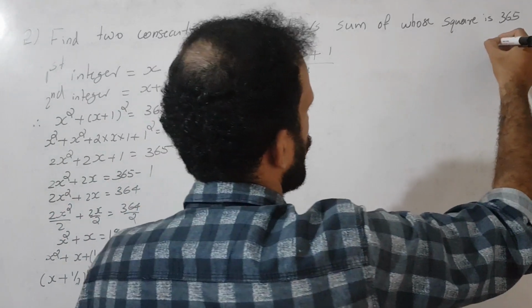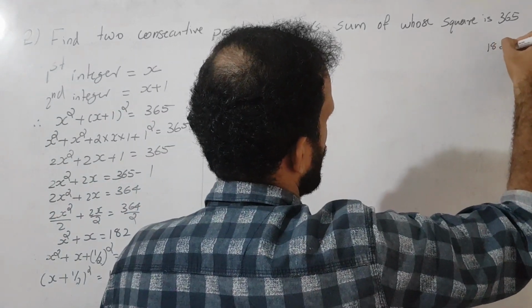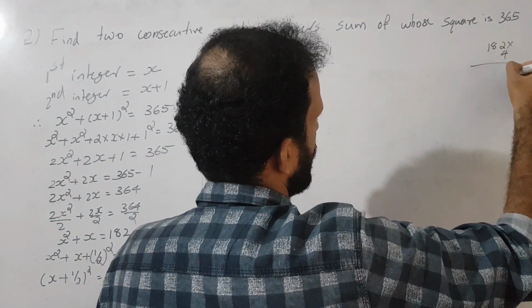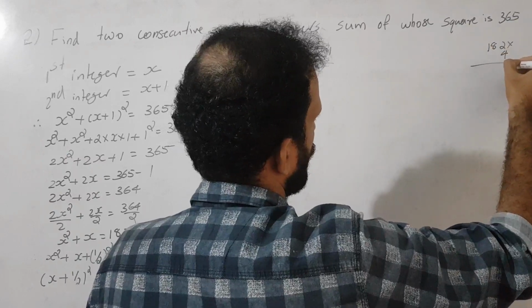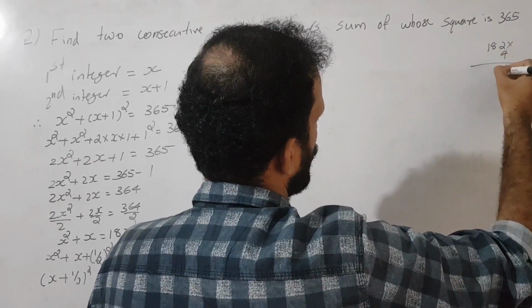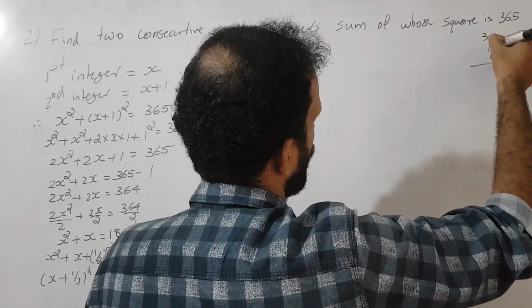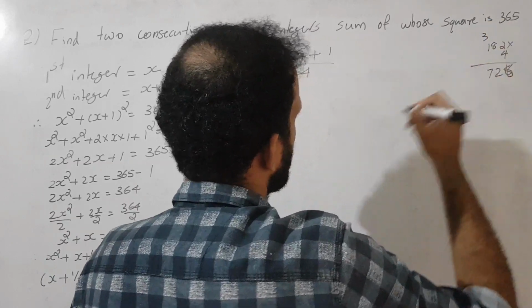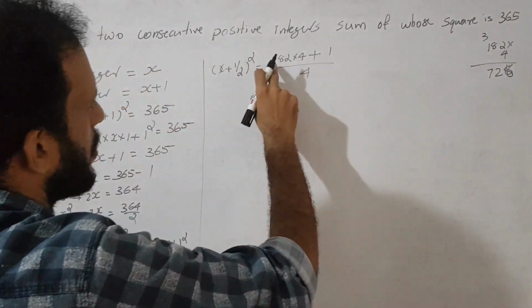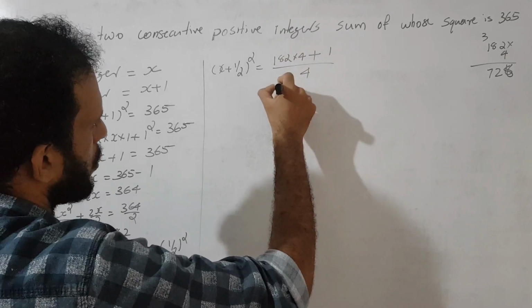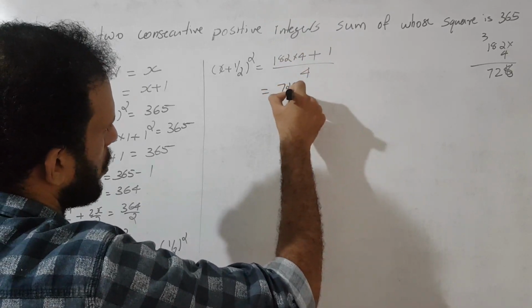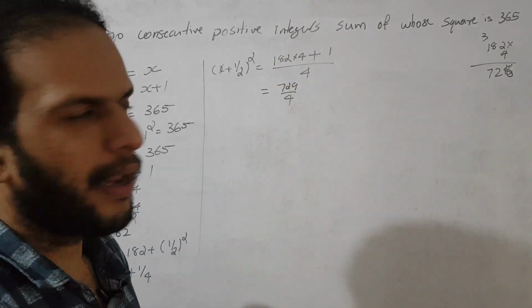What is 182 into 4? 728. 728 plus 1 is 729, so 729 by 4, correct?